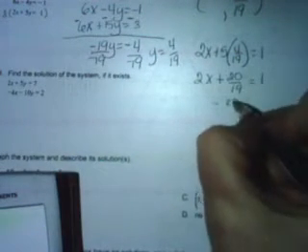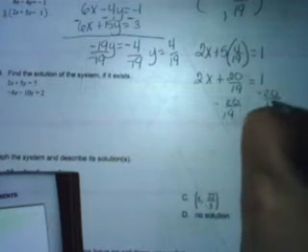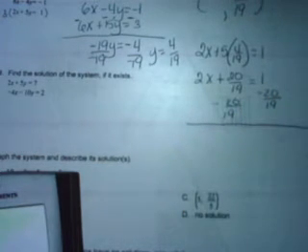What do I do from here? Subtract 20/19 from each side. Good thing we have a calculator. Just make sure you keep your fractions inside parentheses. What is 1 minus 20/19? Negative 1/19.